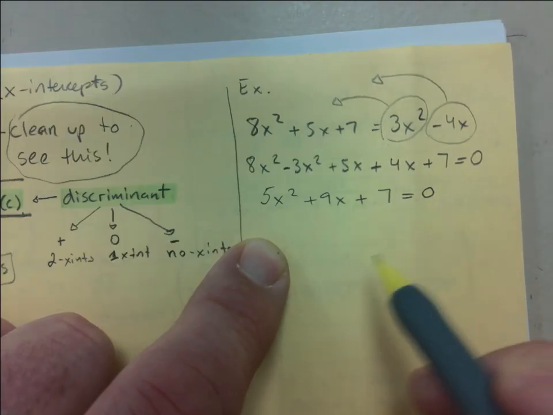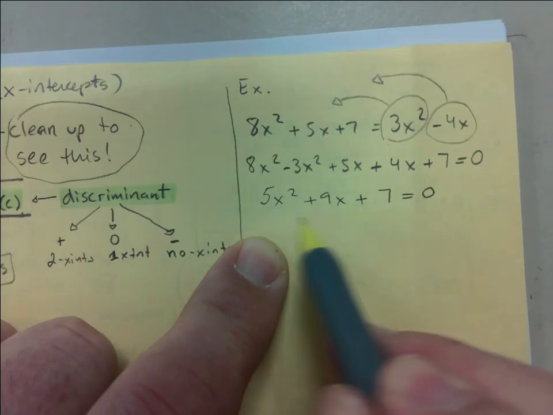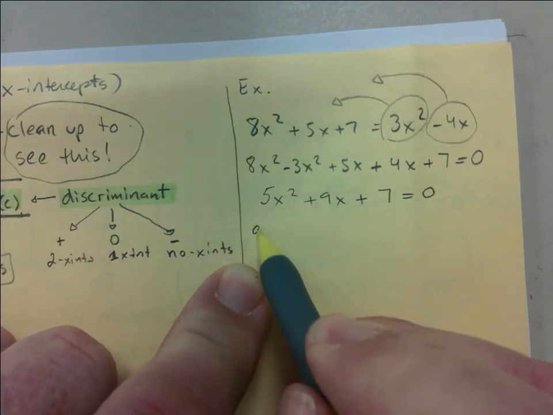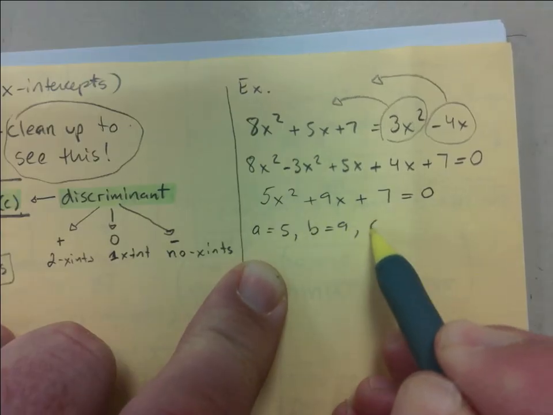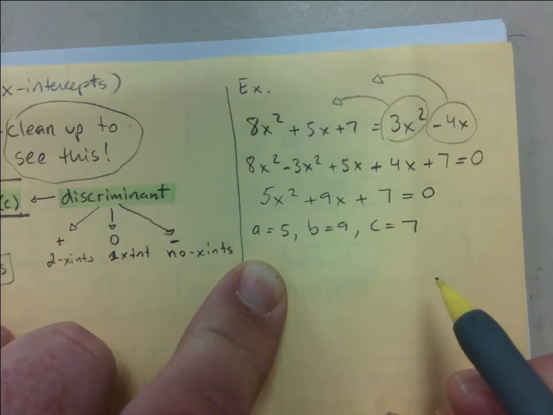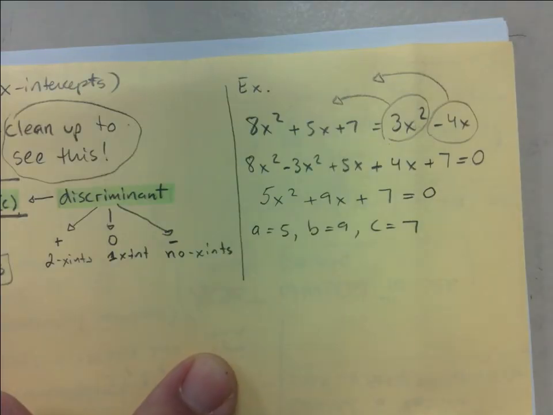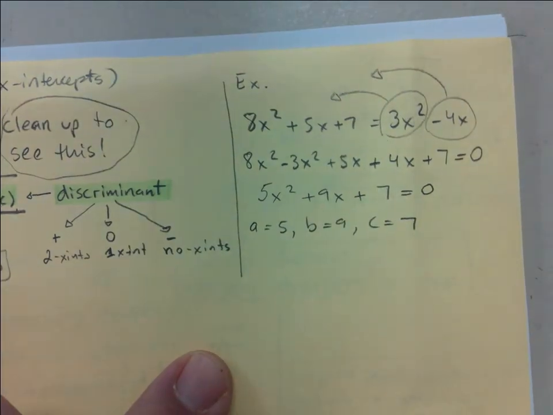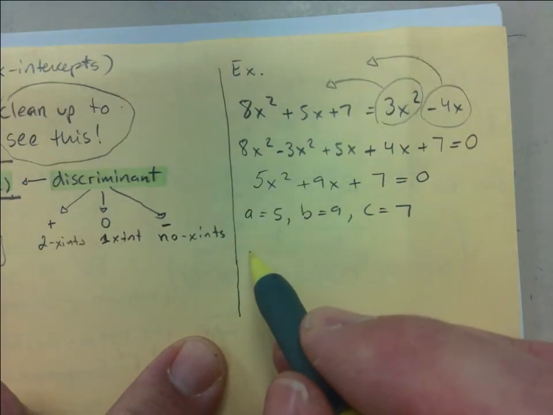Did I complete this example on the video? I'm not sure. If I clean it up, now you know that A is 5, B is 9, C is equal to 7. Oh, this is actually one that has a negative root. Oh well.